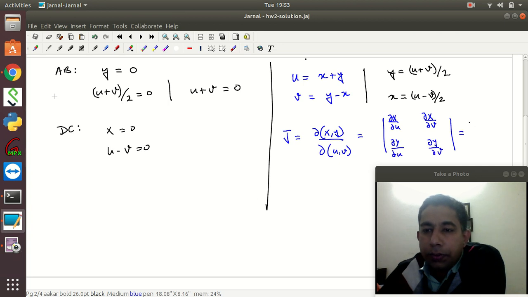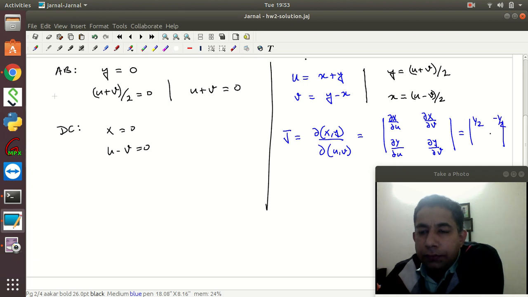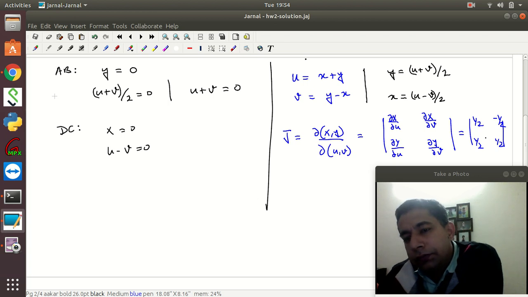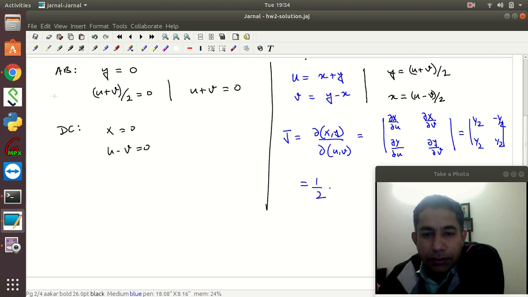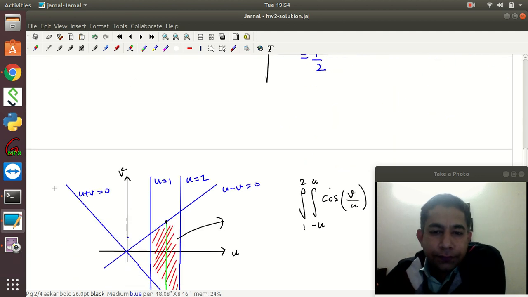Okay, and that should become del x del u is half, del x del v is minus half. Okay, and del y del u is half again, and del y del v is half again. So this adds up to 1/4 plus 1/4 equal to 1/2. Right, so the Jacobian works out to be half.